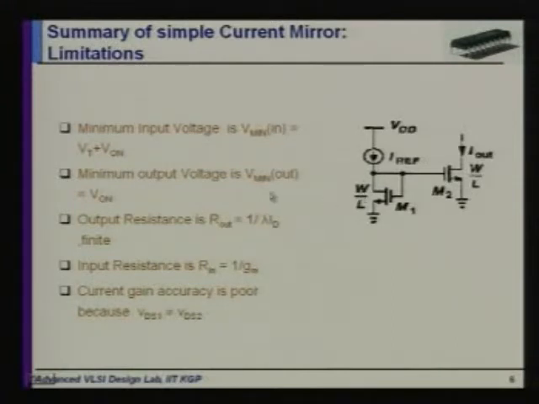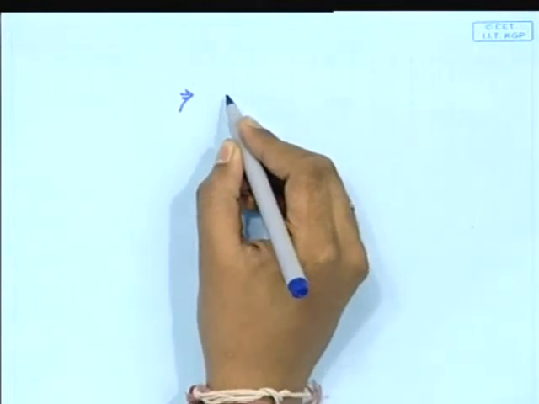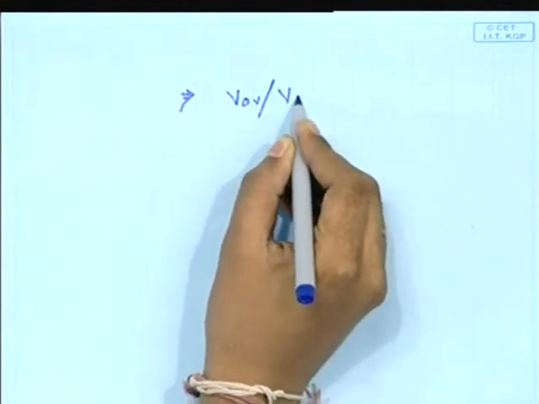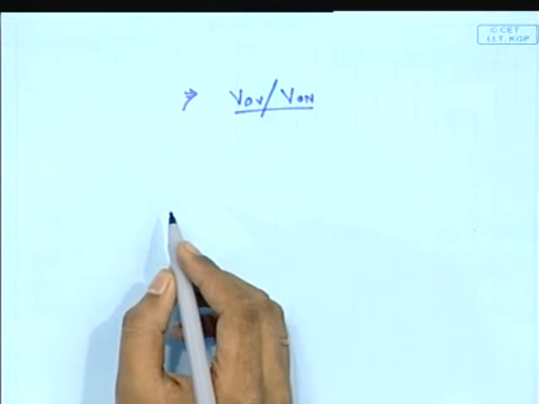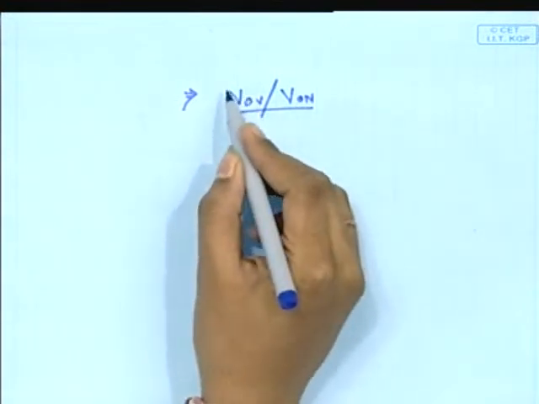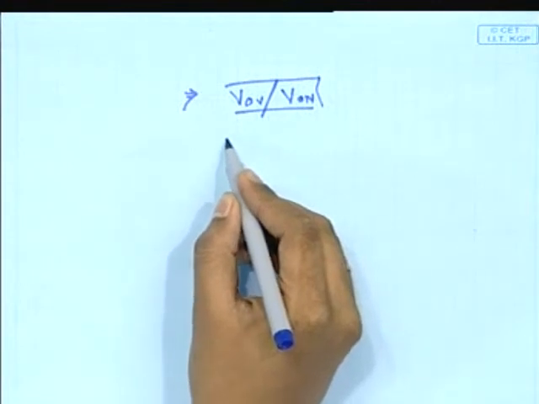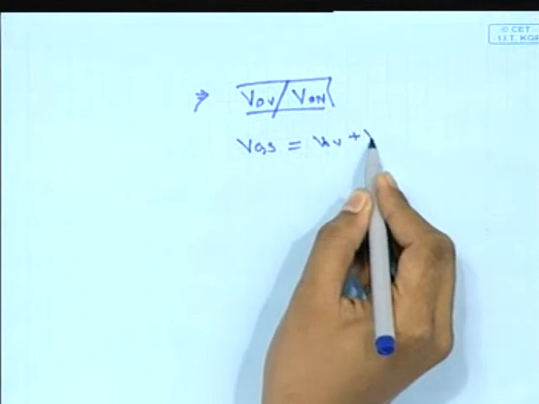Now VGS can be written, for all MOS, using the main definition in the saturation region, which is VOV or Von. This is the overdrive voltage in the saturation region, and we will define VGS by this. So VGS is nothing but VOV plus threshold voltage.